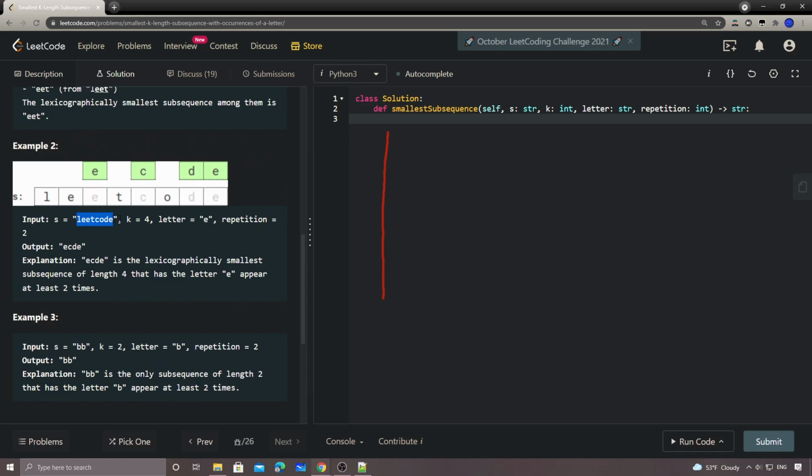Let's use this one, LeetCode, as an example, right? So at the beginning we have L, so the L will be pushed here. And then the next one is E. E is smaller than L, so we try to pop this L out, right?